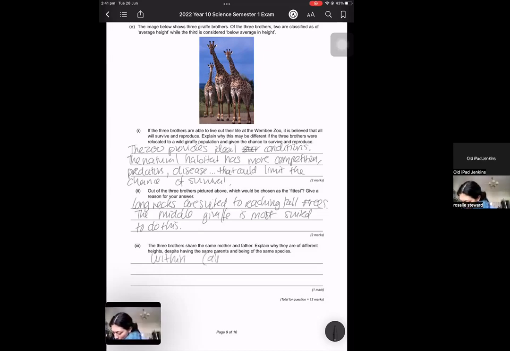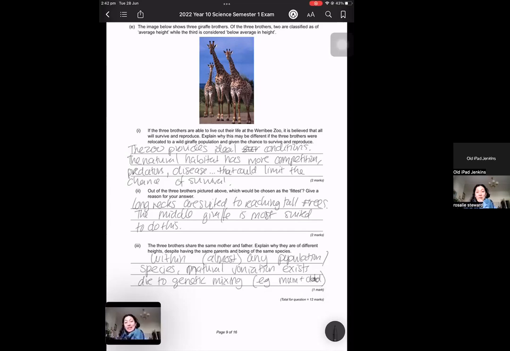Within, I'm going to say almost, because we're not really talking about clone species, within almost any population or species, natural variation exists due to genetic mixing, e.g. mother and father having different genes and those mixing together in different ways. Why do your brothers and sisters all have different hair color, height, that sort of thing?